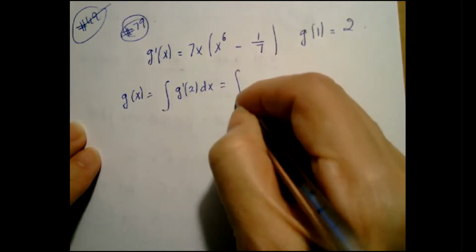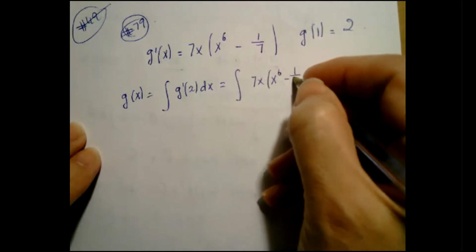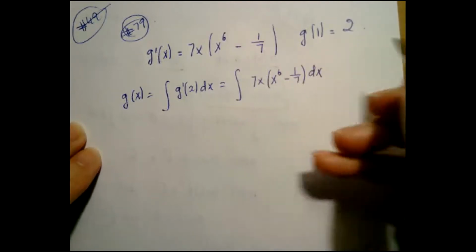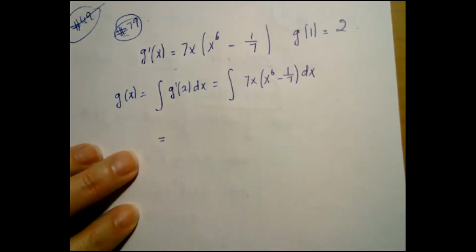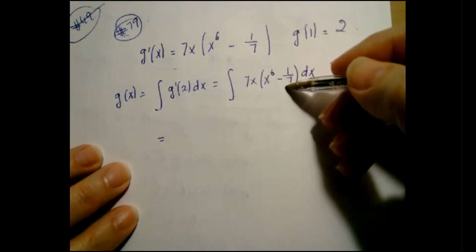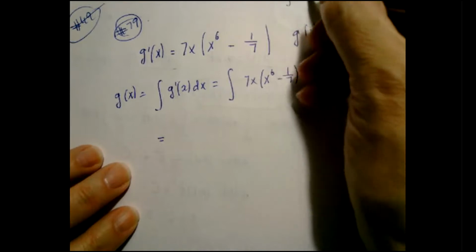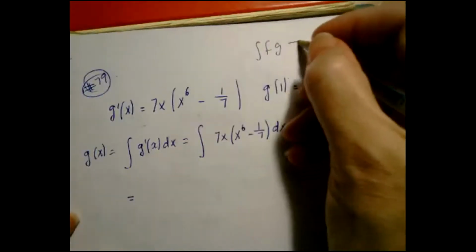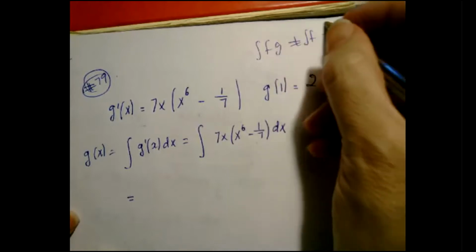So it's equal to the integral of 7x times x to the 6 minus 1 over 7 dx. All right. So see, this is equal to what? Now, remember, I cannot break up this integral because there is a multiplication. As I said once before, and it's very important, we cannot break the integral in case we have a multiplication.